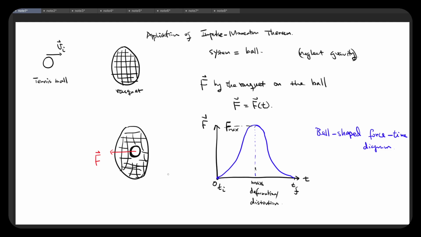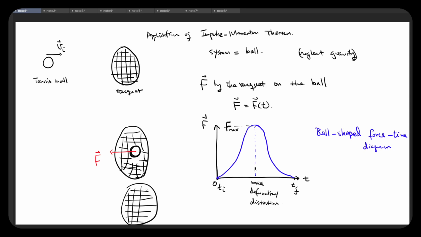Okay, all right. So now think about the same problem, but from the momentum change point of view. If I think about, let's say, afterward, here is again a racket, and its net, all these strings are going to go back to the original shape.